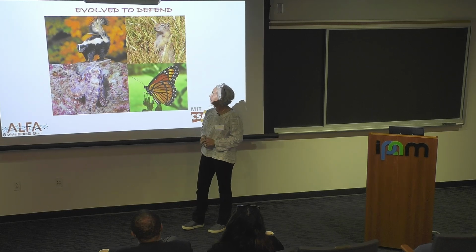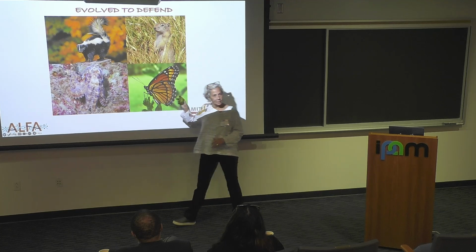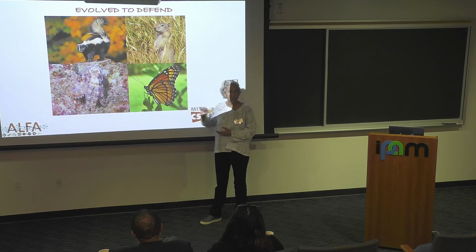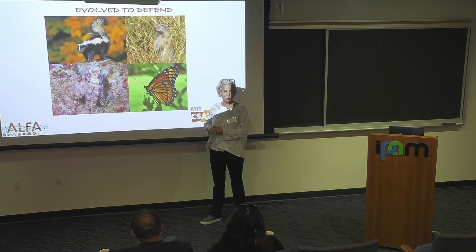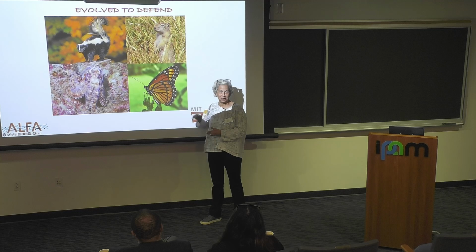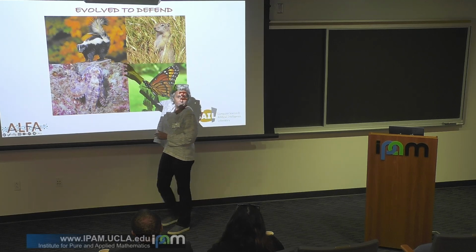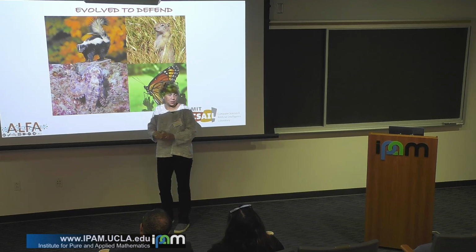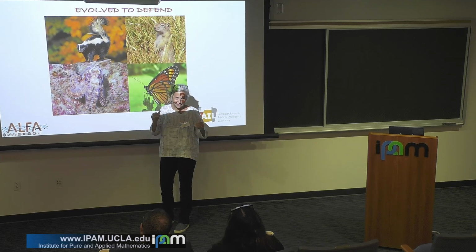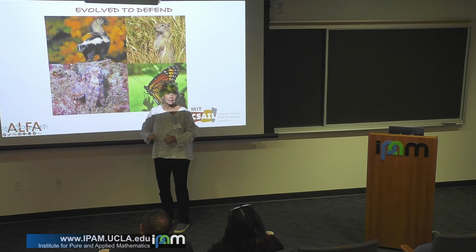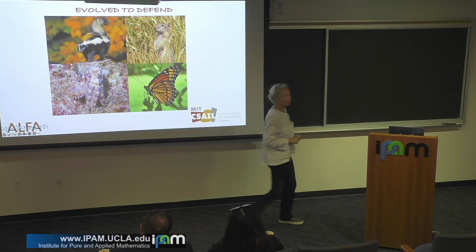Here's another example. What's going on here is mimicry as a defense. This is the viceroy. The viceroy looks like the monarch. The monarchs don't taste good to predators, so the predators don't eat the viceroy. And over here is a defense that's actually twofold, right? Predators from far away see the stripe, and if they don't get the message with the stripe, the skunk has its scent as well, right?